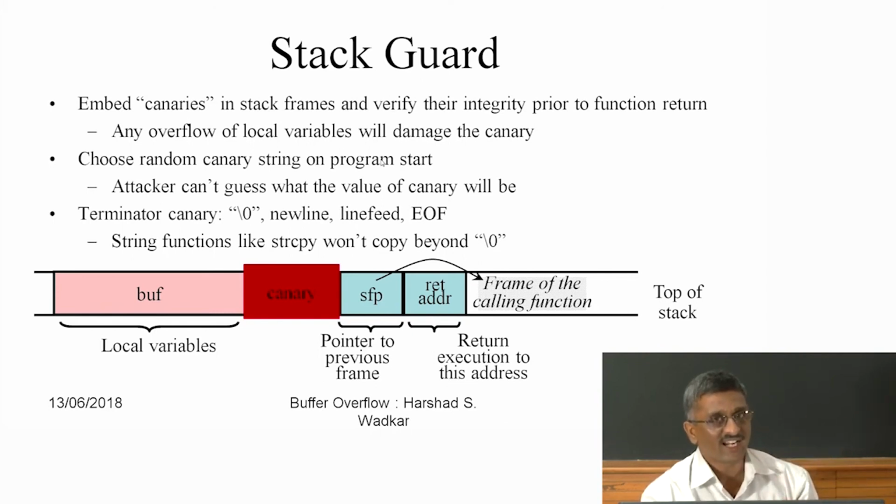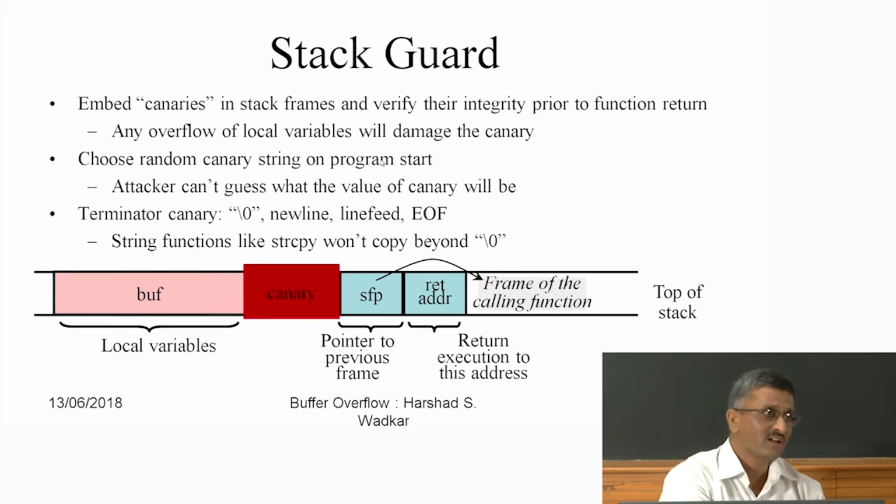Now if the attacker writes some data which is more than 126 bytes, the first thing it does is override the canary bit. If the canary bit is tampered with, modified, my program will crash there itself. Crash means stop, halt. If the program is halted, what will happen?